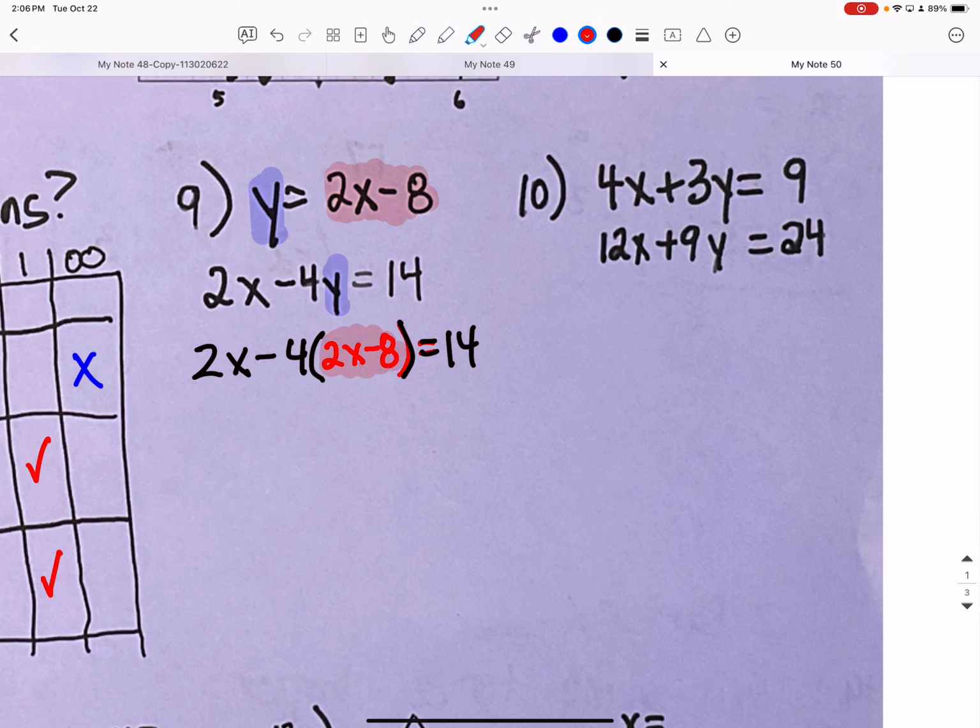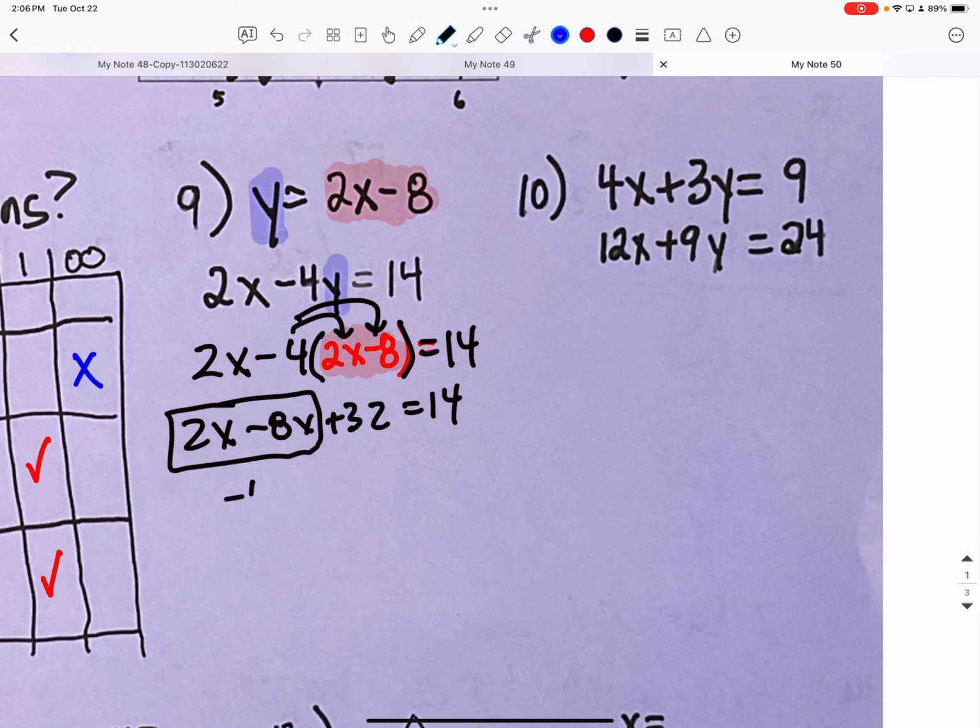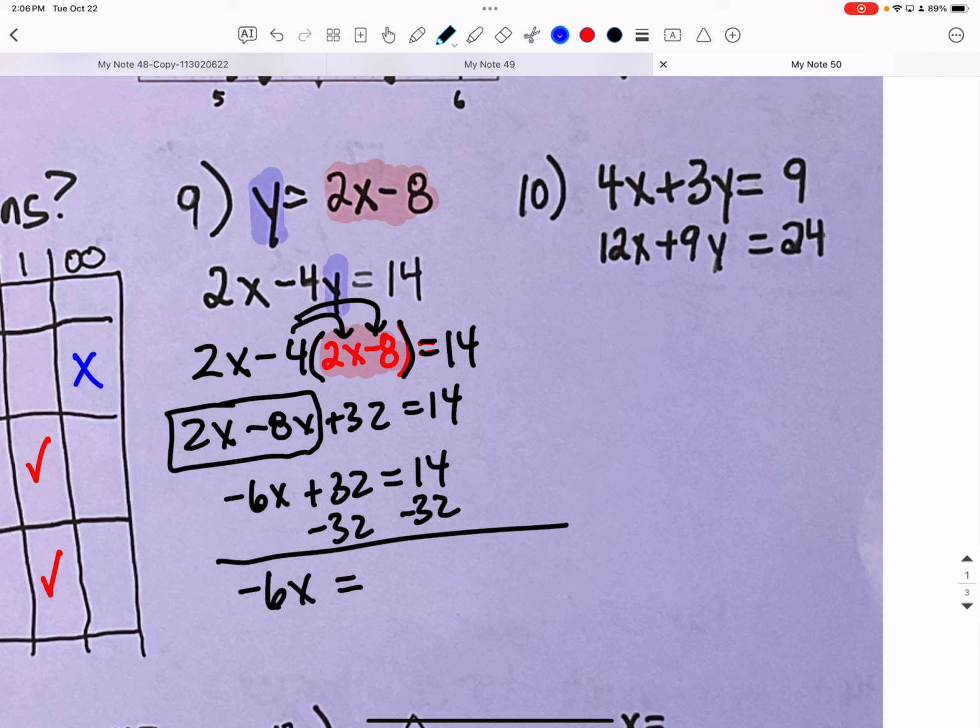All right, so let's see. 2x minus 8x plus 32 equals 14. So 2x minus 8x is negative 6x plus 32 equals 14. Minus the 32, minus the 32, and negative 6x equals negative 18.